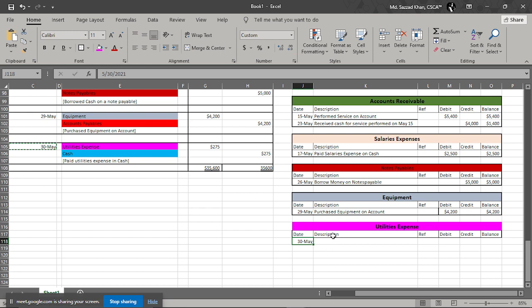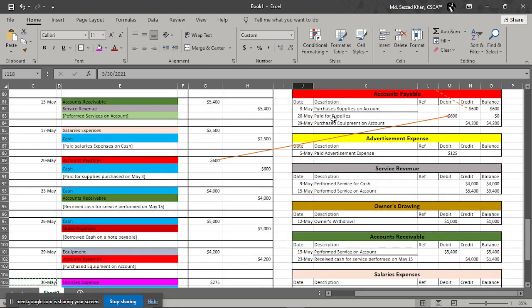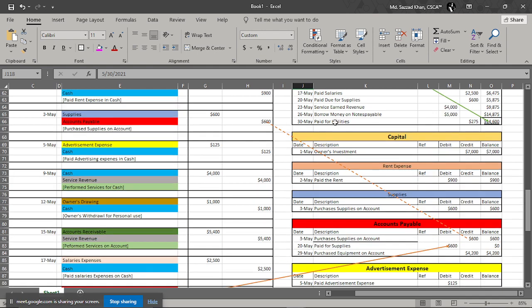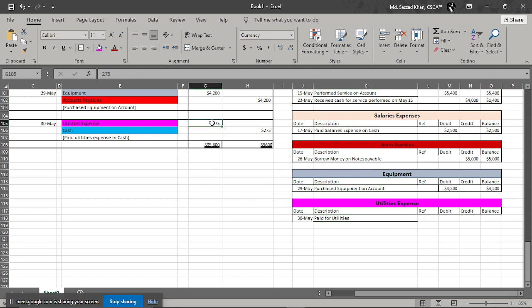Doesn't matter. Okay. Due to this expense, I'll have a bill in here. Paid for utilities. So what happened, debit or credit entry? Utilities expense is a debit entry.